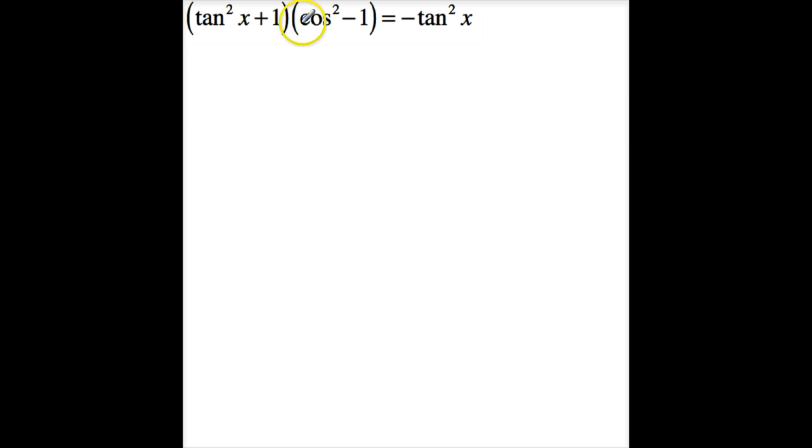So let's look at this identity here and let's see if we can make this true. I can replace tan squared x plus 1 with secant squared. And I can replace 1 minus cosine squared x with minus sine squared. Now secant squared is 1 over cosine squared.